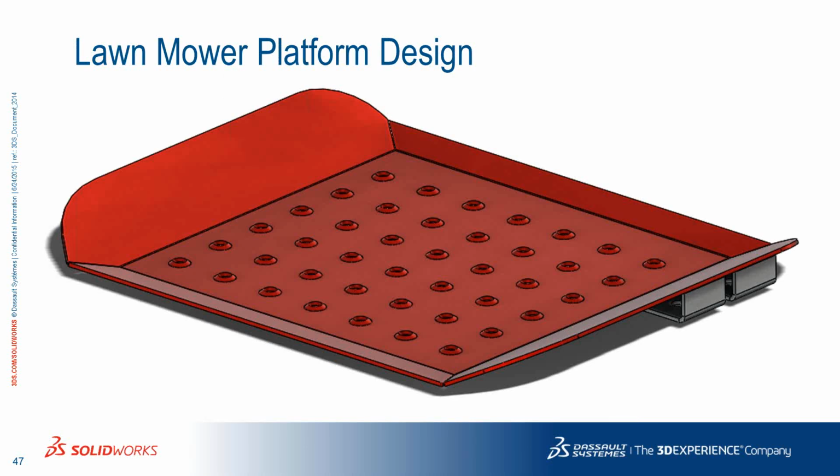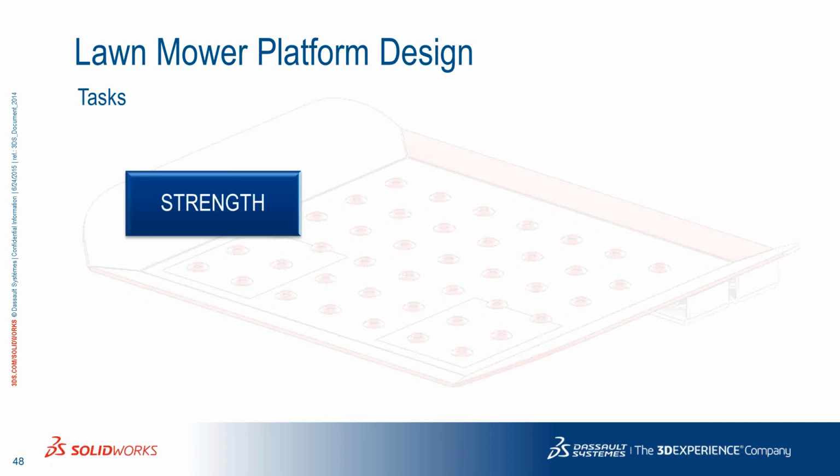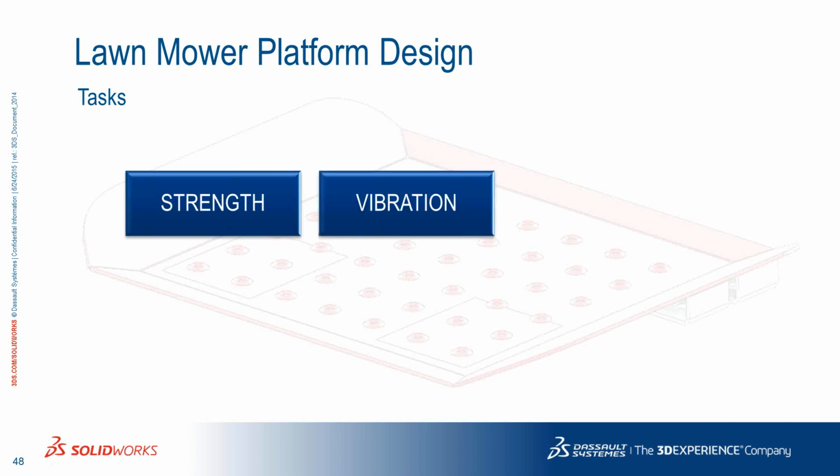Okay, so this is what the platform looks like. It's literally cantilevered. You can see a couple of brackets towards the back of this platform, sheet metal, and that's actually bolted to the chassis. We're going to look at how strong the baseline, or initial design, of the platform is.